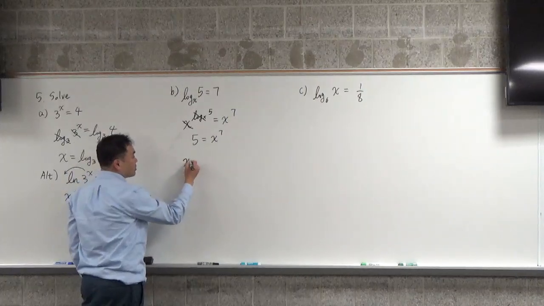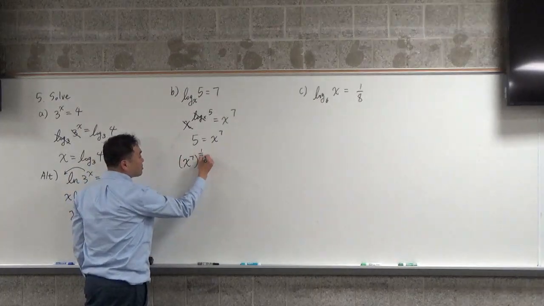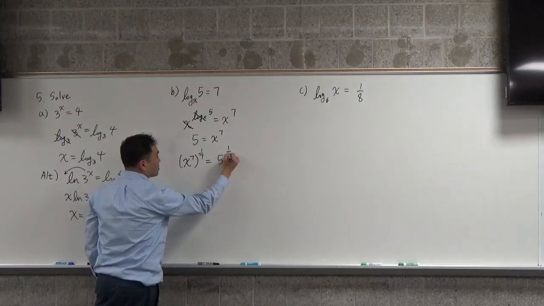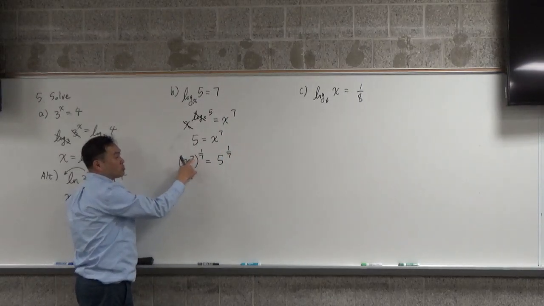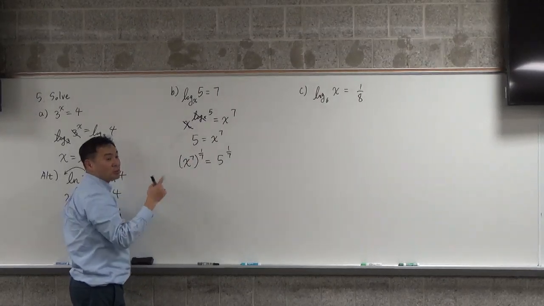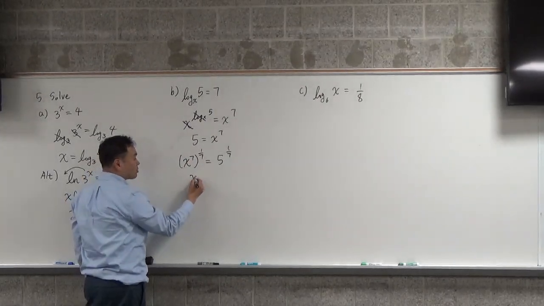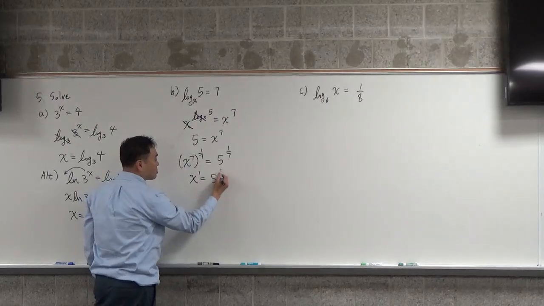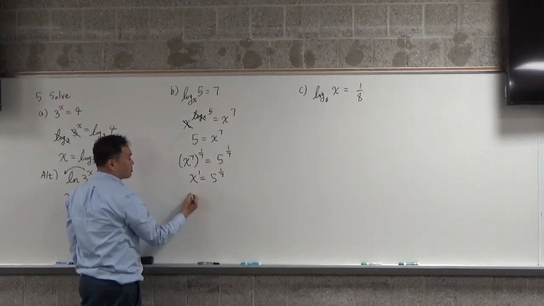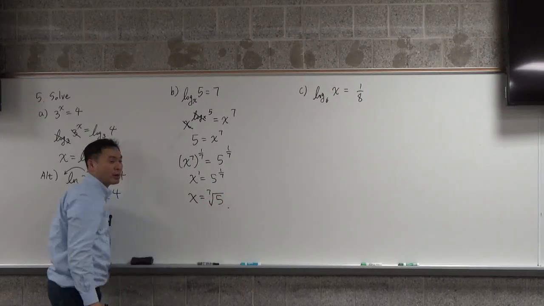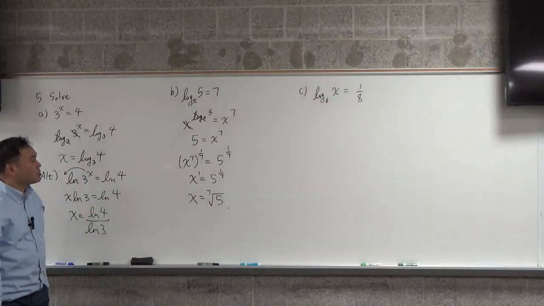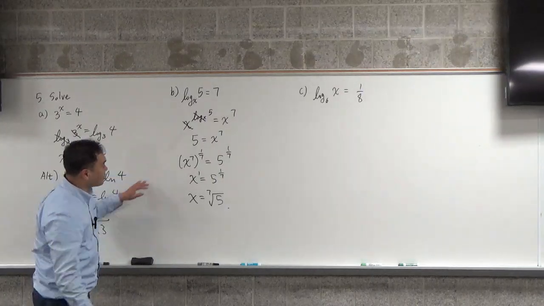Well, you can take 1/7 power both sides. And what happens to these two? They multiply to become 1, right? So that gives you x to the first power equals to 5 to the 1/7 power. So that's x equals to 7th root of 5.